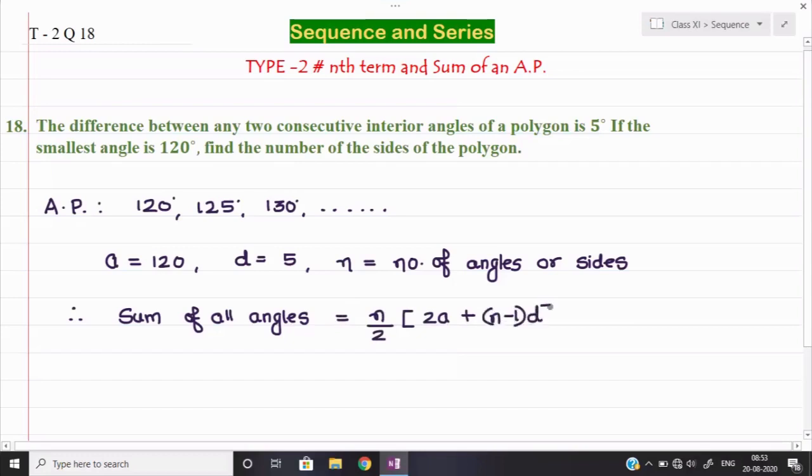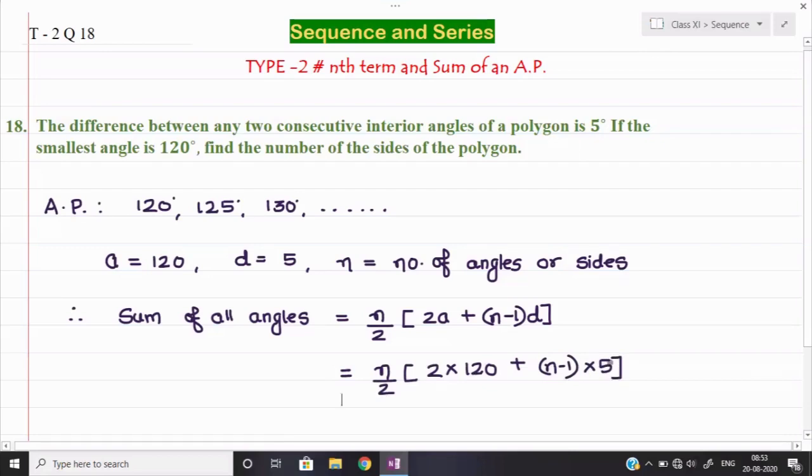This formula only I will apply. So n upon 2, n we don't know, so we shall keep it as it is, 2a, so 2 into 120 plus n minus 1 into d. The value of d we have here is 5.